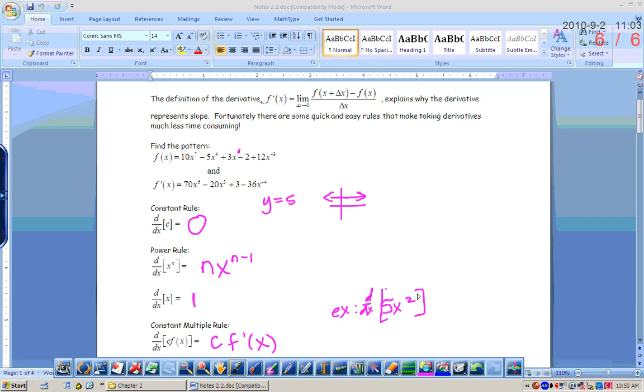Well, most of you probably look at that and say, well, it's just 10x. Well, another way to look at it is 5, and then what's the derivative of x squared? 2x. So 5 times 2x simplifies to 10x. So you're just taking the derivative of the variable part and then multiplying it times the constant. You can think about it either way.